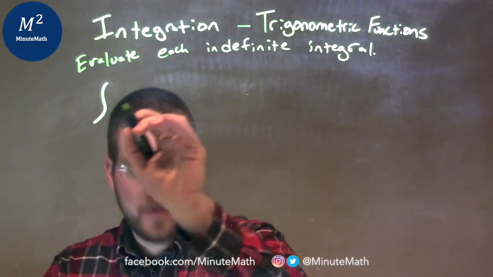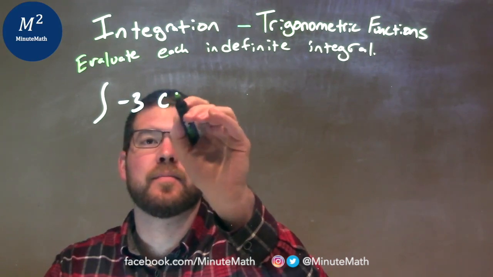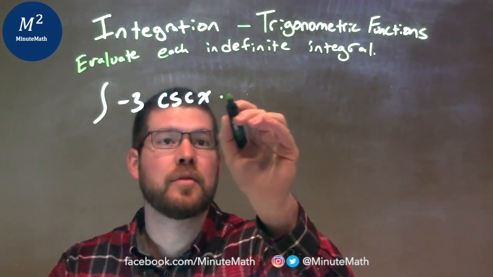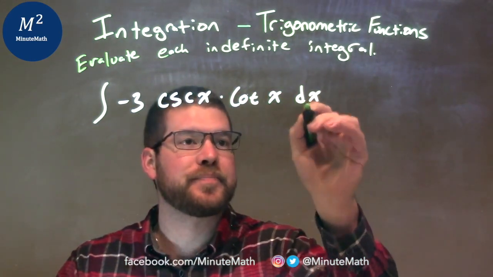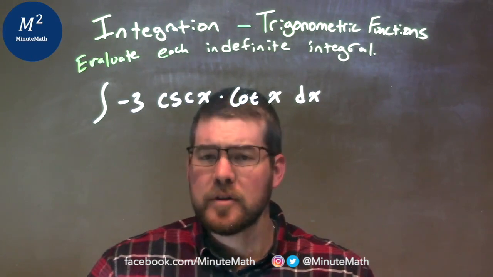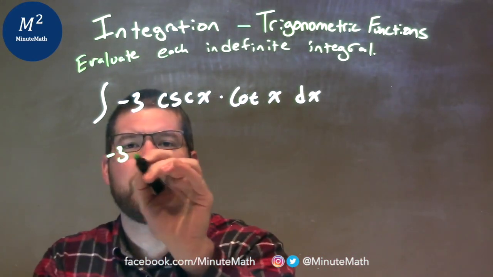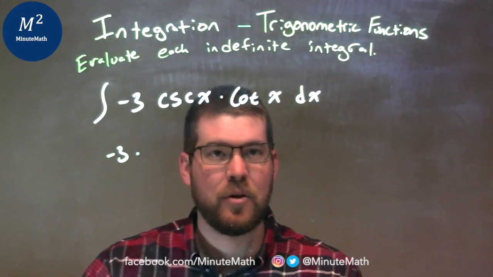The integral of negative 3 cosecant x times cotangent of x dx. Now, the first thing I like to do is think of my constant kind of separate. So the negative 3 out front times the integral of cosecant x cotangent of x.